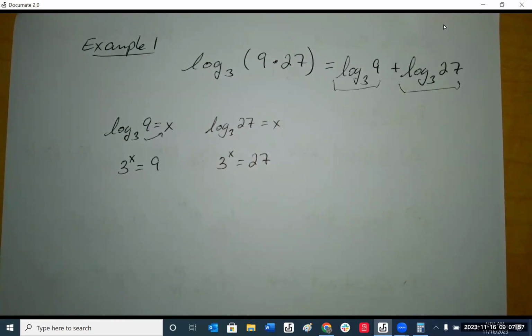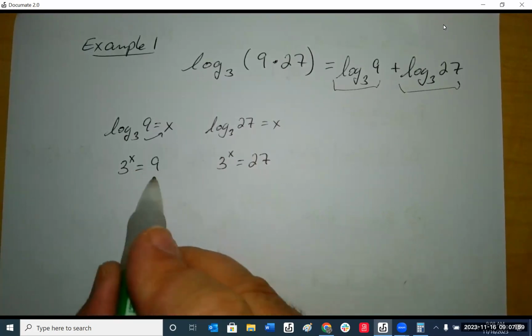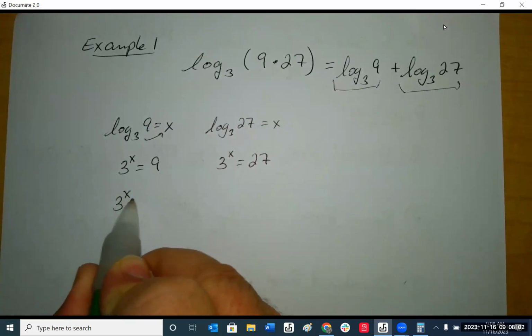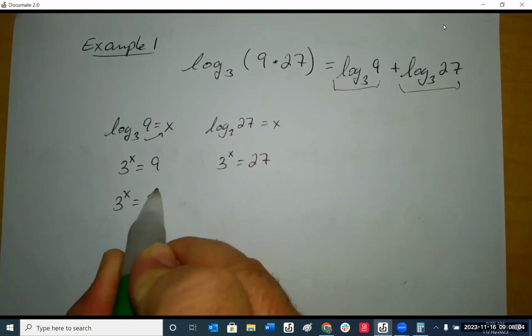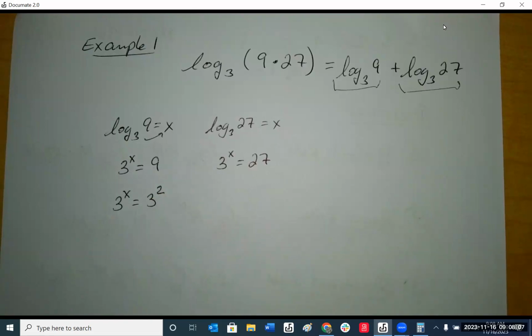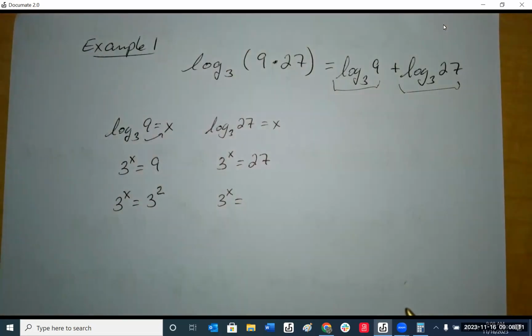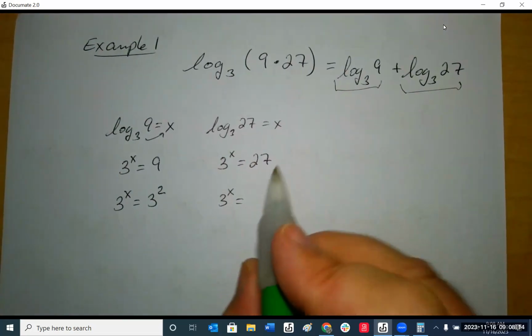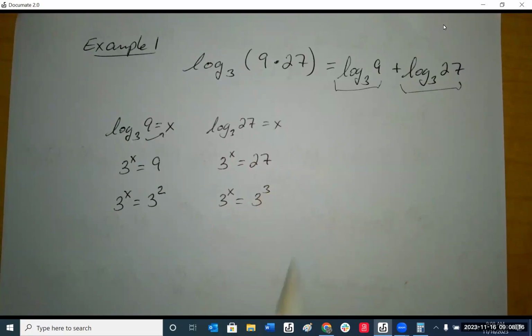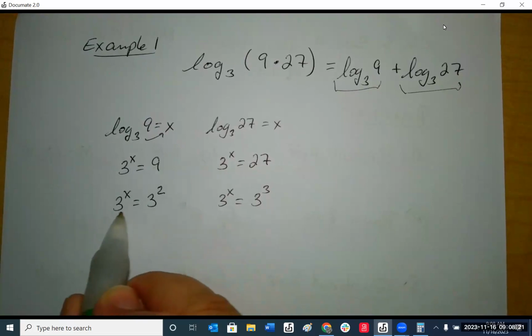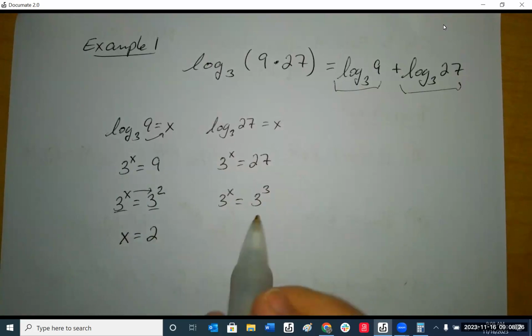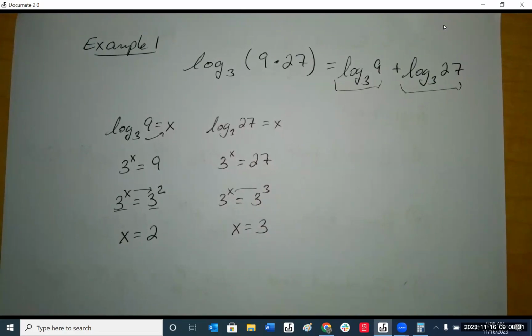In order to solve this, we have to have the same bases. 9 is made up of 3 times 3. 27 is made up of 3 times 3 times 3. So since we have the same bases, the first one equals 2, and the second one equals 3.